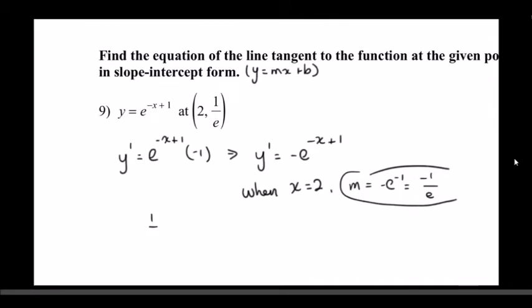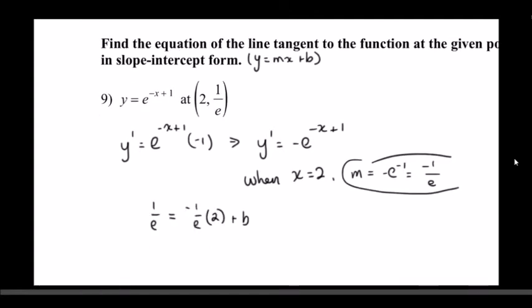So y value of 1 over e equals our slope, negative 1 over e, times our x value of 2, and then solve. We get b has a value of 3 over e, which means our equation is y equals our slope times x plus our b value.